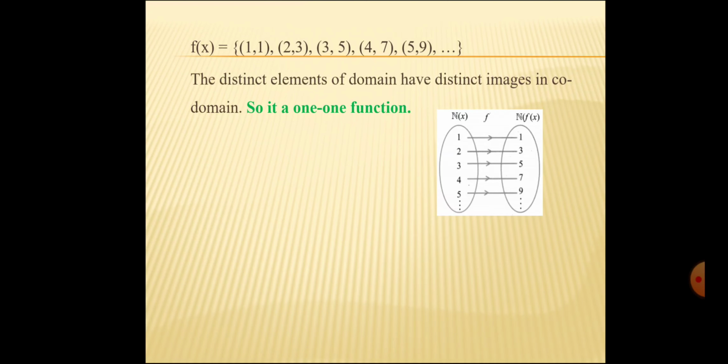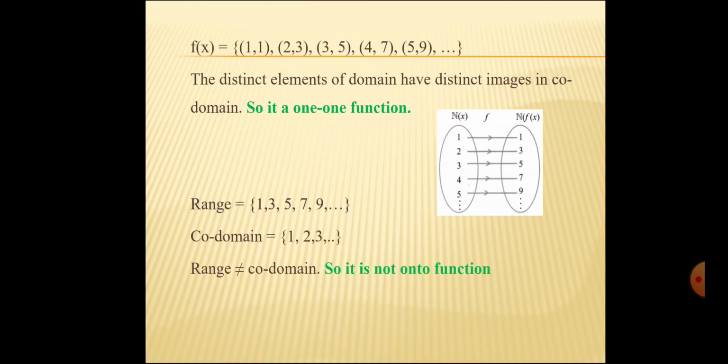So here codomain is 1 2 3 4 5 etc. Range answer is 1 3 5 7 9; codomain answer is 1 2 3 4 5 6 etc. So is range equal to codomain? No, range is not equal to codomain. So it is not an onto function.